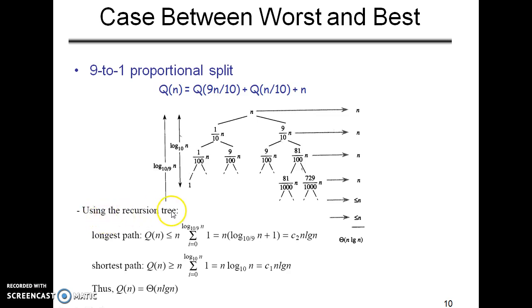Using the recurrence tree, the longest path gives T(n) less than or equal to n times the summation over log n base 10 by 9 of 1, that is c2 n log n, where c2 is a constant, and the shortest path will be c1 n log n in the same way, and thus T(n) is theta of n log n. So the time complexity of quicksort is theta of n log n.